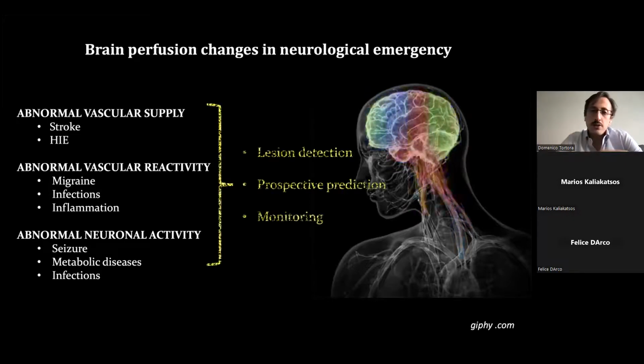Brain perfusion studies may help in these conditions to detect the lesion, may provide useful information to predict the clinical outcome in these patients, and can also be used for monitoring the evolution of disease.